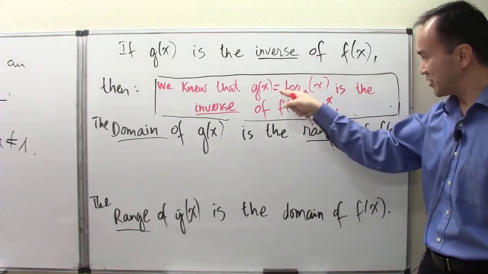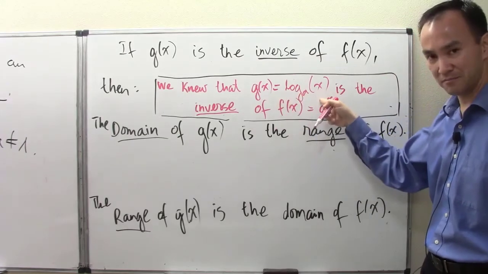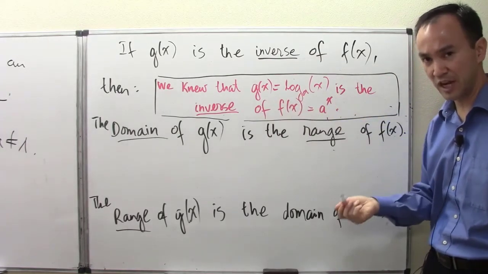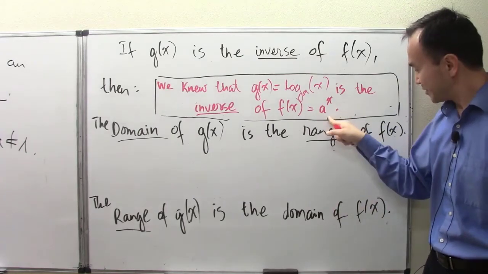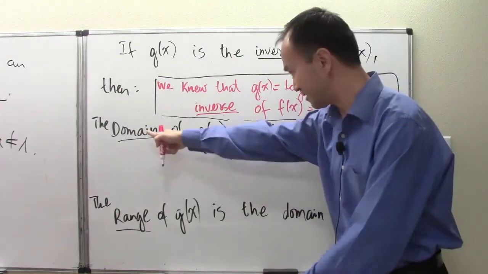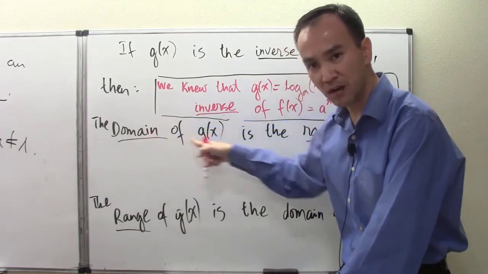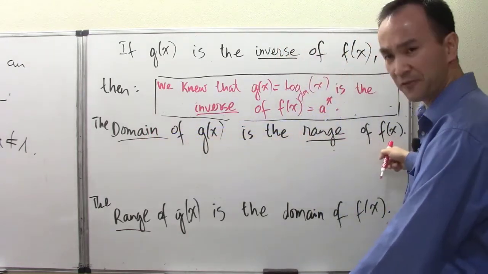So we knew that g of x, being defined as a log base a of x, is the inverse of f of x, the exponential a to the x. So in this case, repeating this statement, it must be true that the domain of g is the range of f.